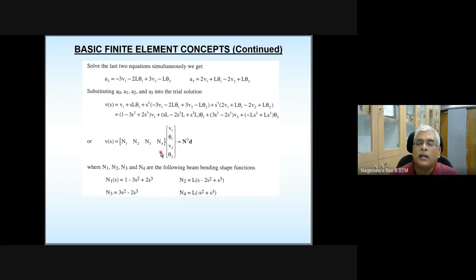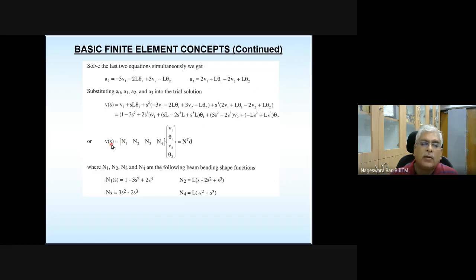In this potential energy functional, we also have the second derivative of V with respect to X. So we need to make a note of that before we substitute into the potential energy functional. This is V in terms of s.